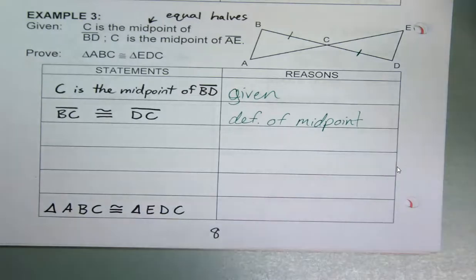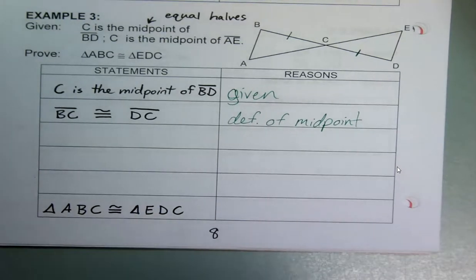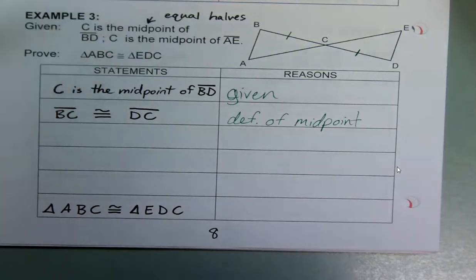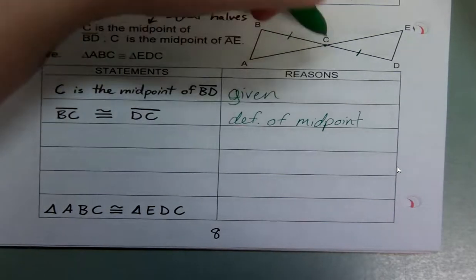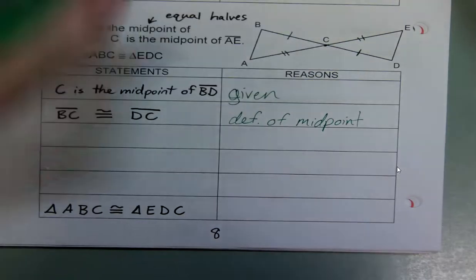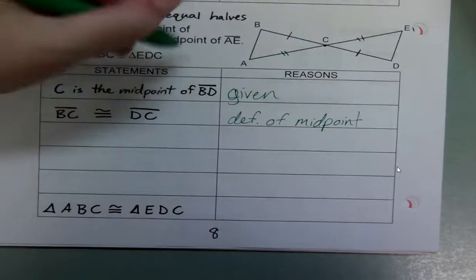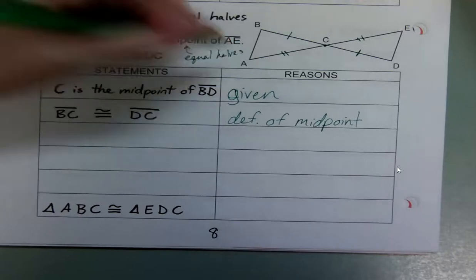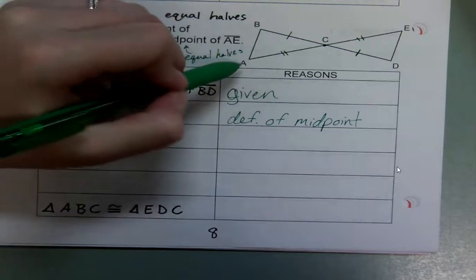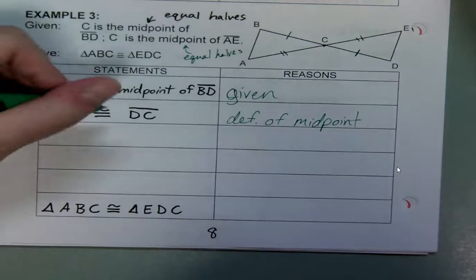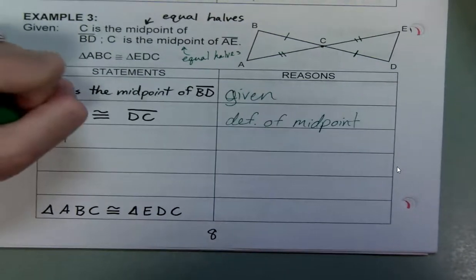Alright? Okay, great. Now we've got to figure out how we know the rest of this is congruent. So it says C is the midpoint of AE. So C is right in the middle of AE. So same idea as the first 2. This is cut into equal halves. And so we know that AC is going to be congruent to CE because that segment is cut in half. So I'll go ahead and write the given.